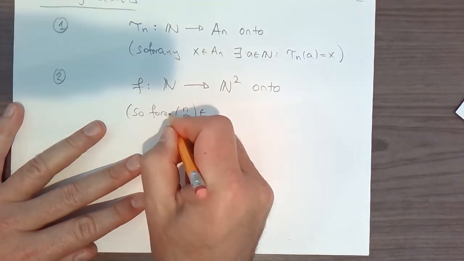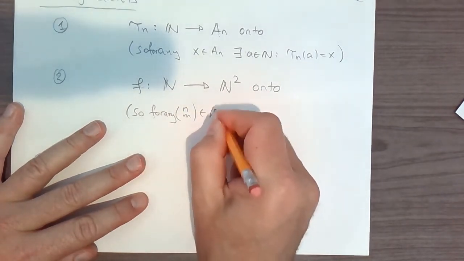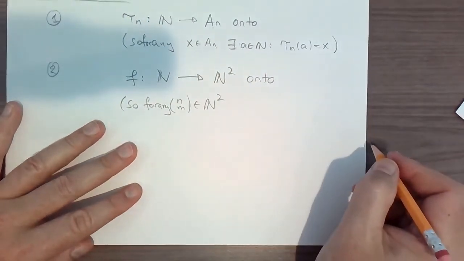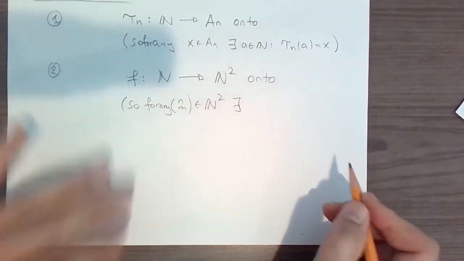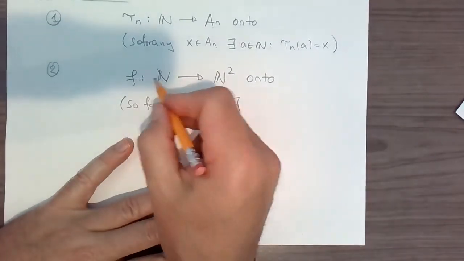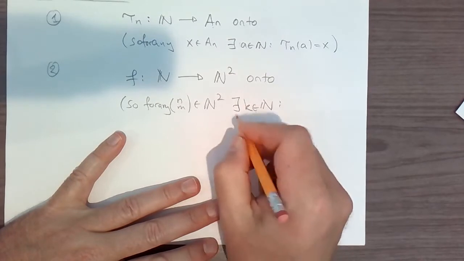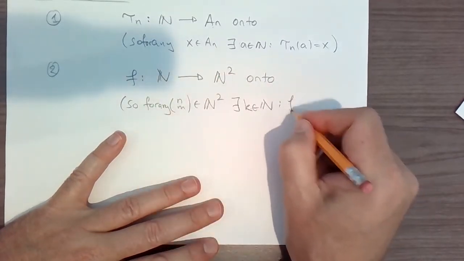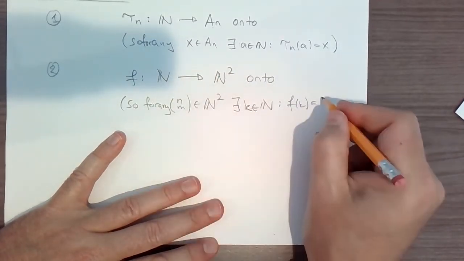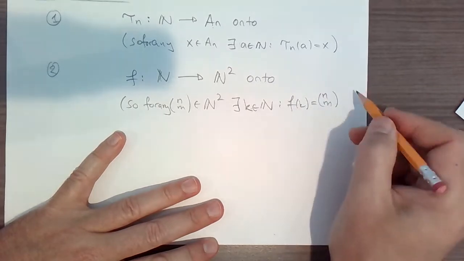So for any point n m in the codomain, I can find something in the domain, call it k, such that when I stick k into f, I'm going to get n over m.